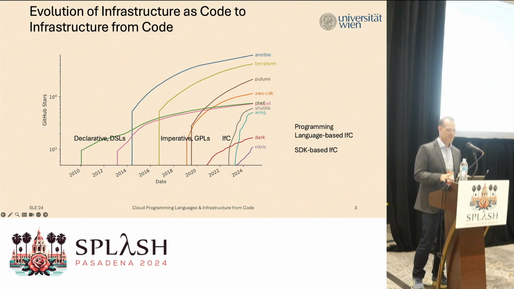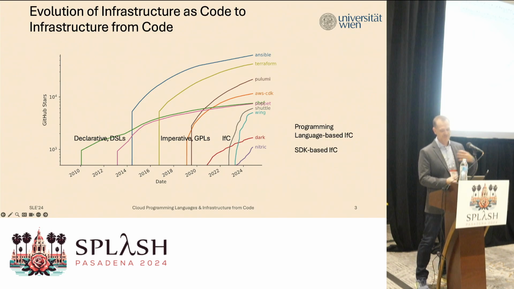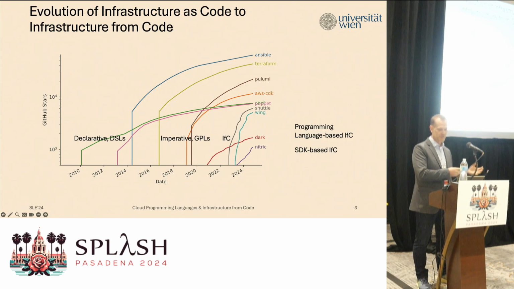The third generation of infrastructure as code, like Pulumi or CDK, Cloud Development Kit, uses general-purpose languages to solve this problem. And with the growing number of cloud resources, the infrastructure configurations and the runtime code are further separated.